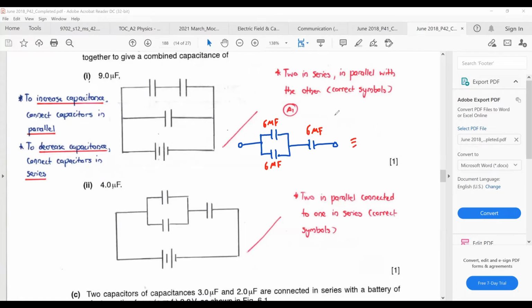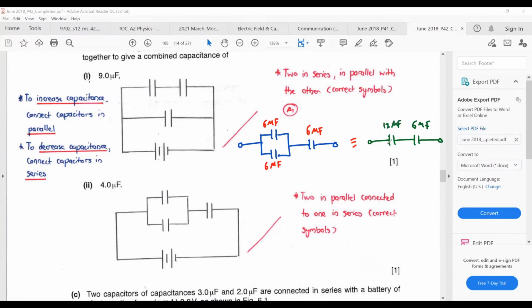You can clear off the parallel one first. If they are in parallel, you treat it like you would resistors in series. So this one is 6, and if I treat this like resistors in series, this one will become 12.